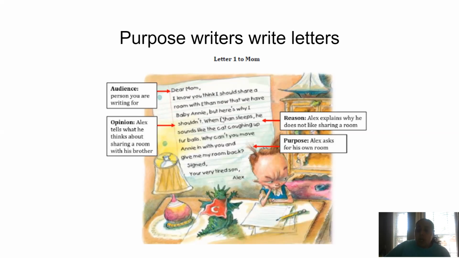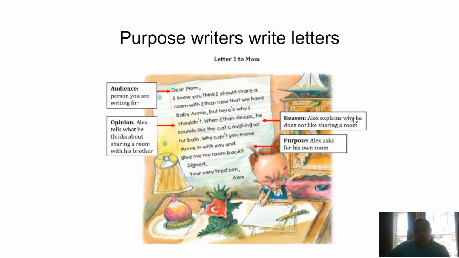In this letter, you also see, I know you think I should share a room with Ethan now that we have baby Annie. But here's why I shouldn't. So this is Alex's opinion. He thinks he should not be sharing a room with his brother. This is his opinion, and he's going to try to convince mom about it.